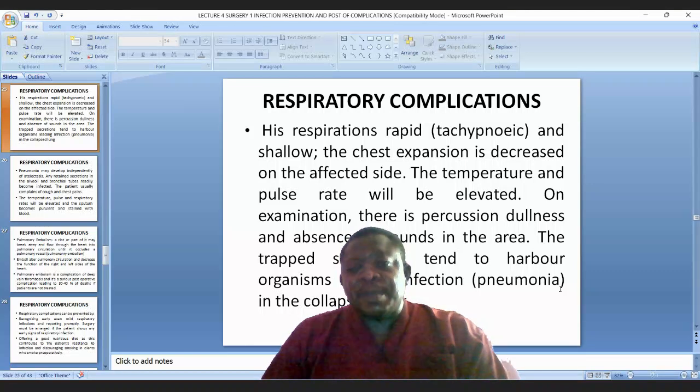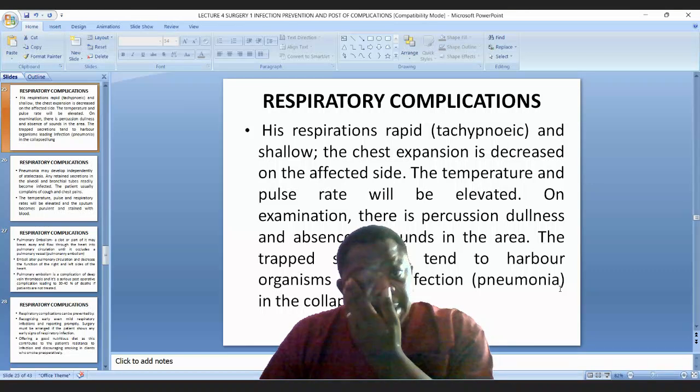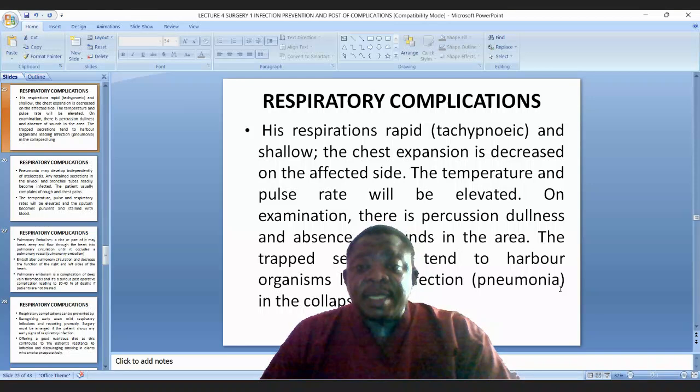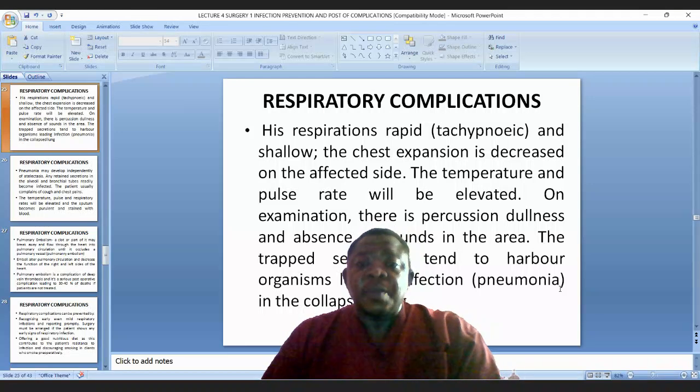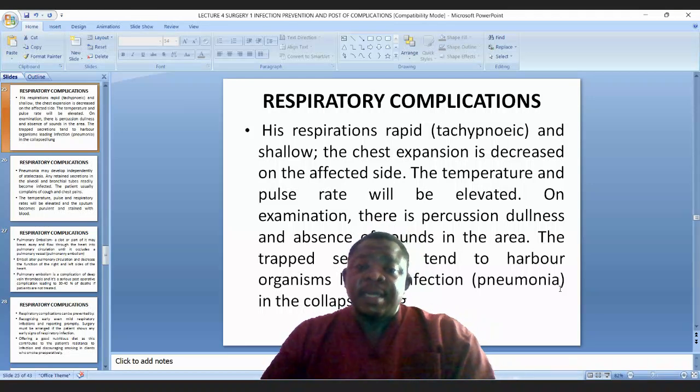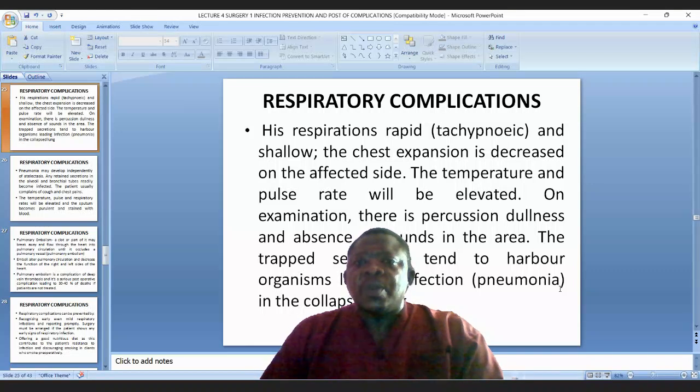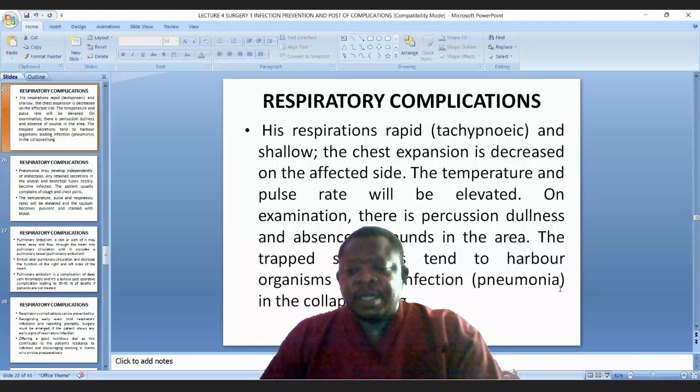The trapped secretions harbor organisms leading to infection like pneumonia. So the area that is collapsed may harbor some infections. Because there's less oxygen going to that area, this may also lead to infections.